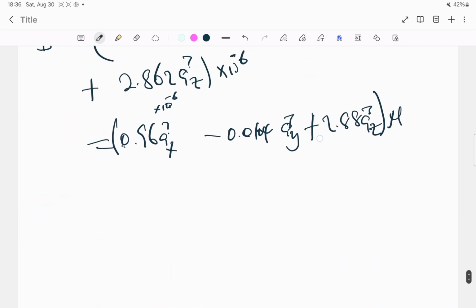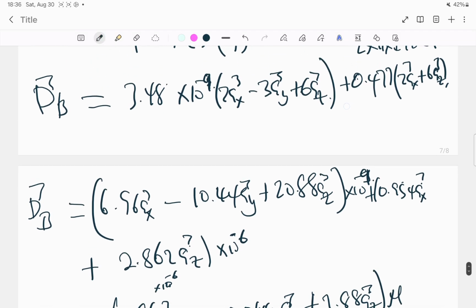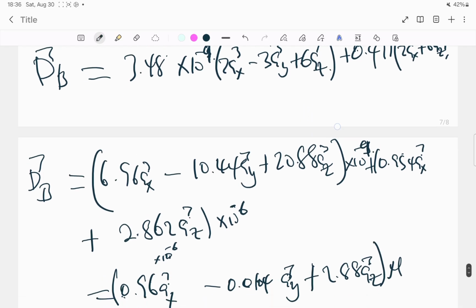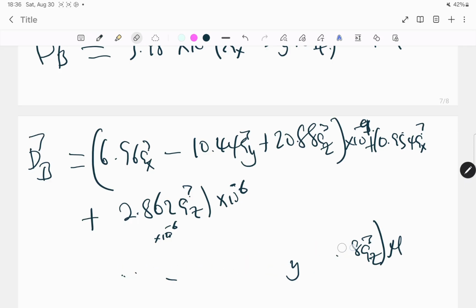So here I think I'm expressing everything in micro, but let's do it in nano. Right? Think in nano. To express this in terms of nano, I think nano will be much simpler.